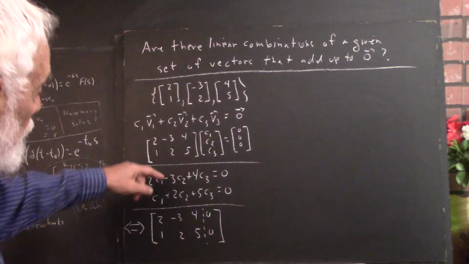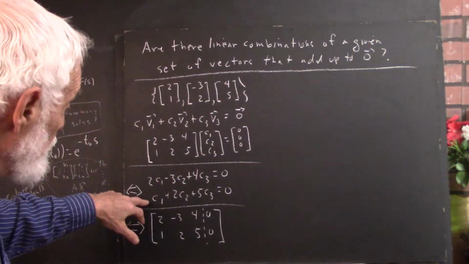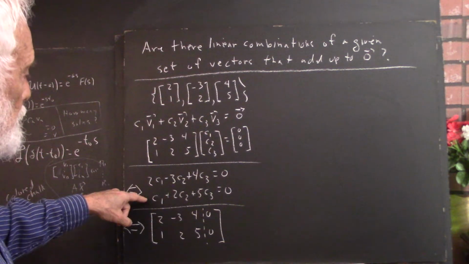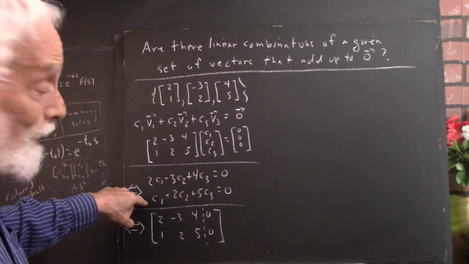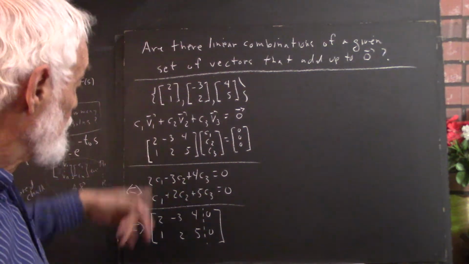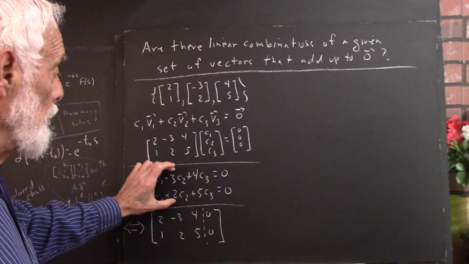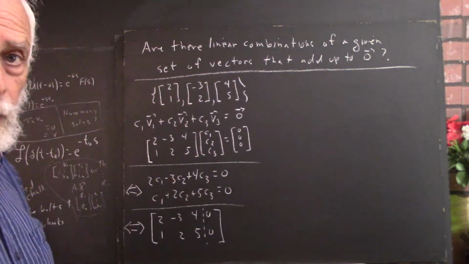here. Now, clearly, the system can be solved by elimination. We can add negative 2 times the second equation to the first, and eliminate C1. But then we're going to have a single equation in C2 and C3.